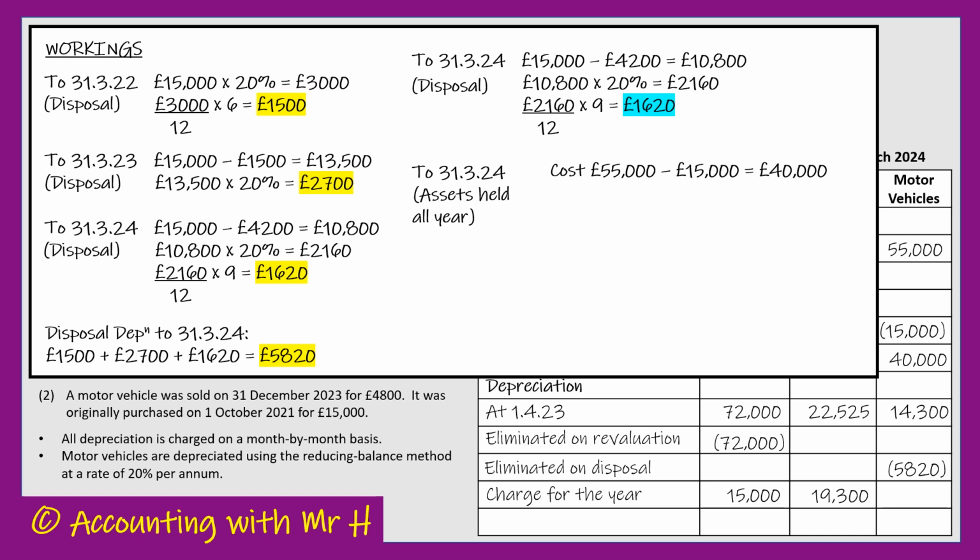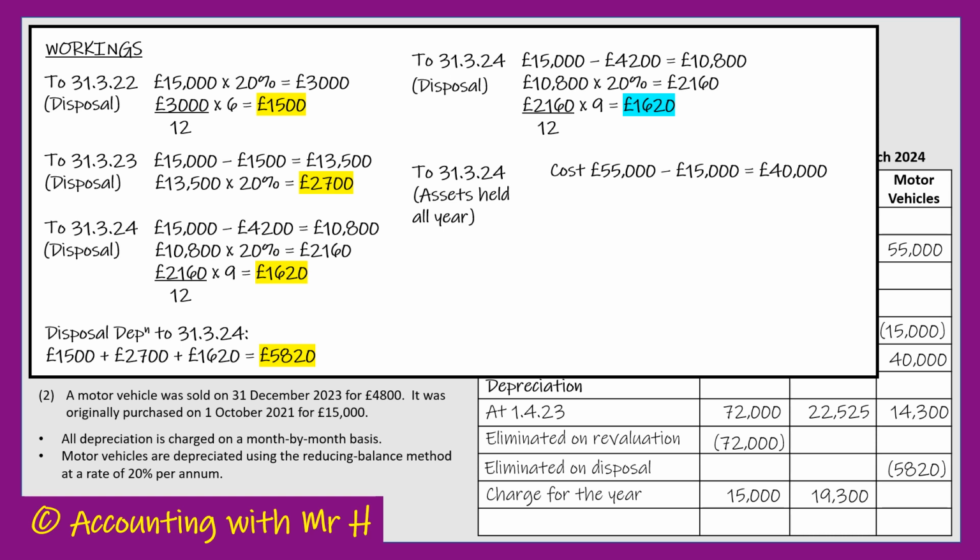I need to work out the depreciation, and this is where it'd be easy to get caught out. We know that this company at the start of the year had £14,300 of depreciation on these motor vehicles. I've just got to remember though that in that 14,300 is some depreciation that is associated with the vehicle they disposed of.